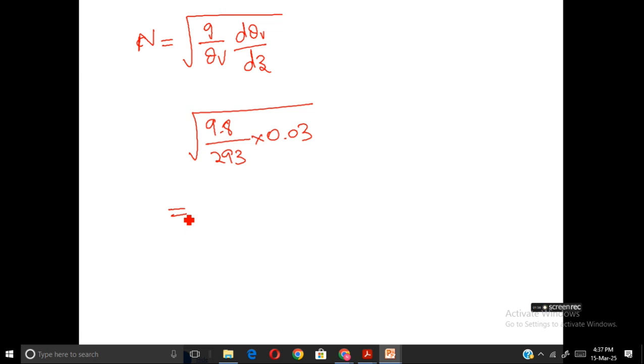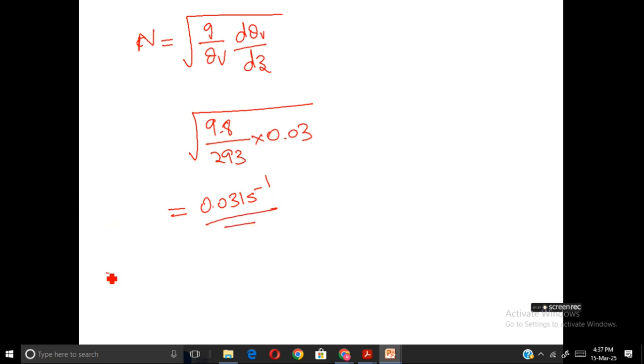It will be 0.031 per second. And the frequency unit is second inverse.